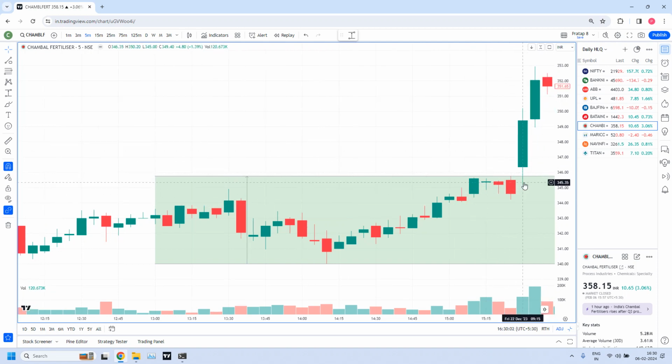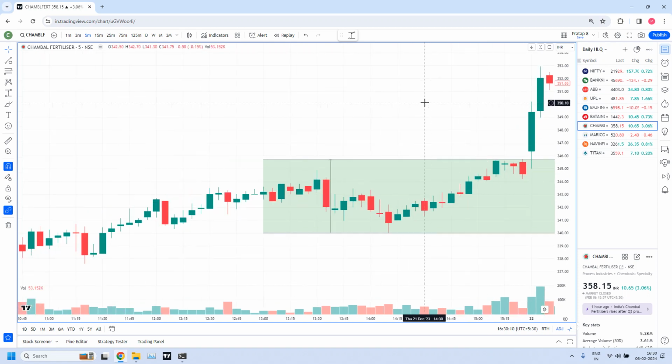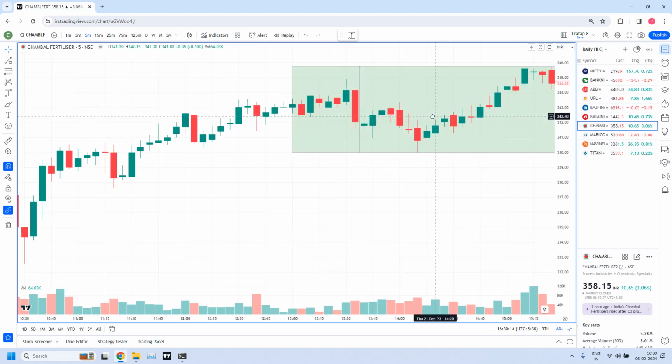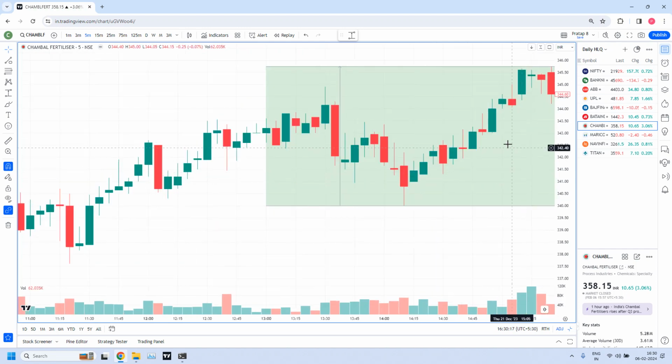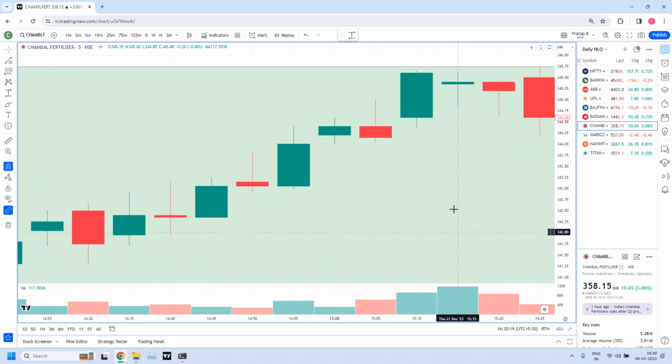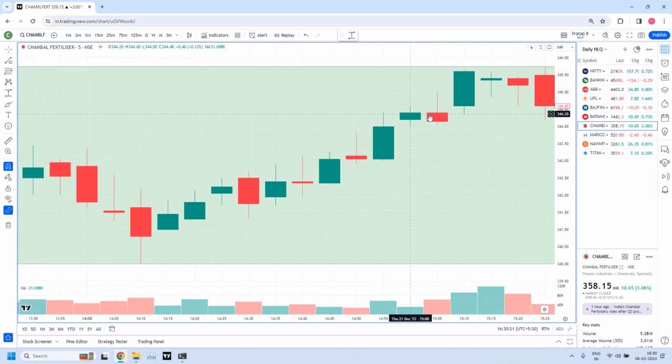Okay, what is the next option? You may find a demand zone. This is a leg in candle, this is a leg out candle. Where is the base candle? There is no base candle. Or you may do one thing: you can draw a zone like this. Rally, base, rally.